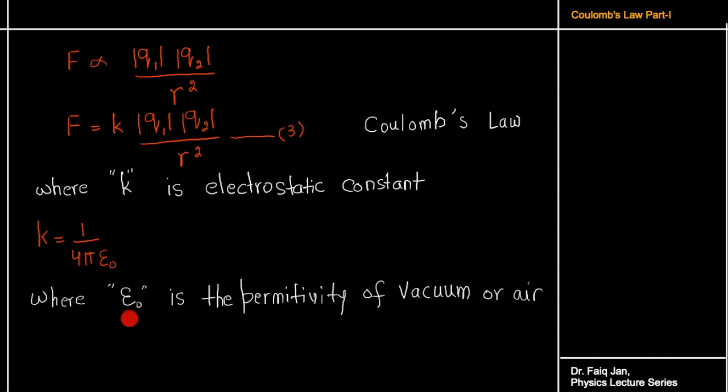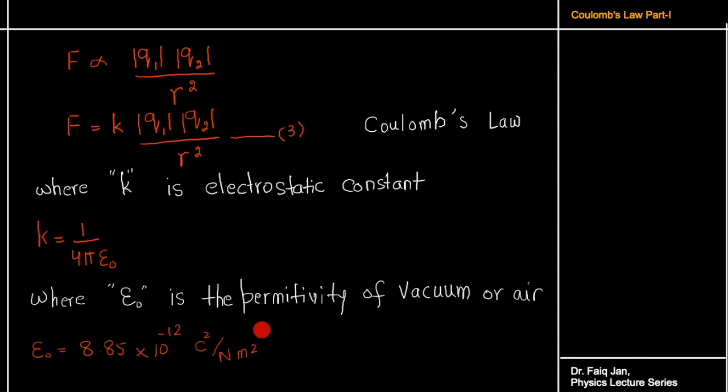Epsilon naught is an empirical proportionality constant. Its numerical value turns out to be 8.85 into 10 raised to power minus 12 Coulomb square per Newton meter square.